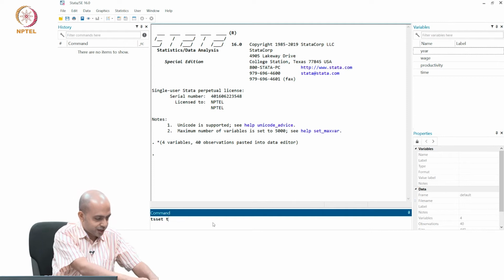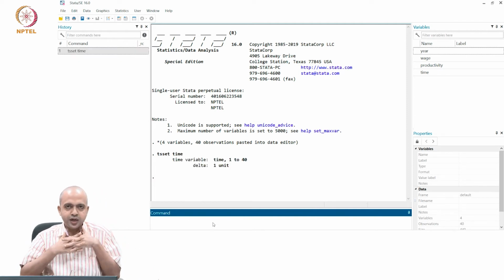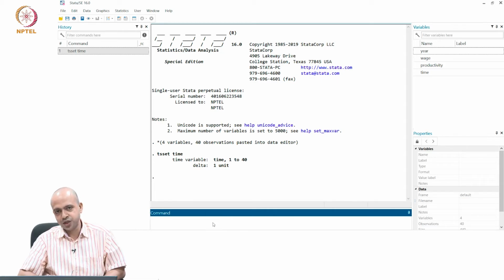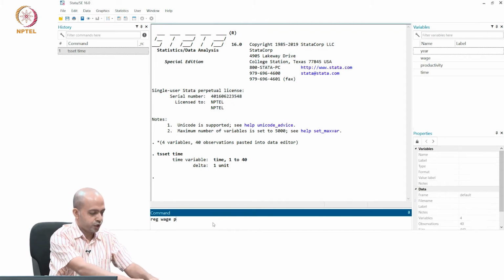So, tsset time. That is the first thing you need to do. You need to specify the data as time series data by the specific command tsset time. Tsset means time series set, and time is the time variable. Alright, now we will estimate the model: reg wage productivity.